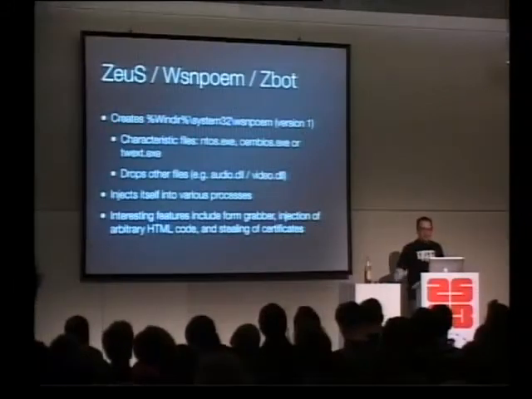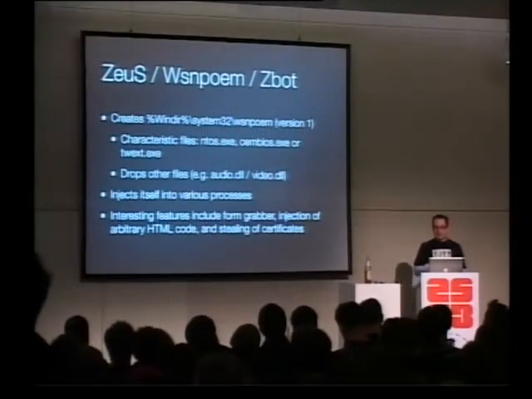Zeus also has the possibility to steal certificates, so it has a similar feature set to NetHel, but from a technical point of view it's more interesting since it injects into all processes that are available and then reads out the interesting information from them. Another interesting feature is HTML parsing.